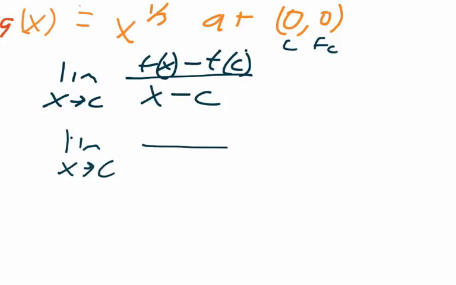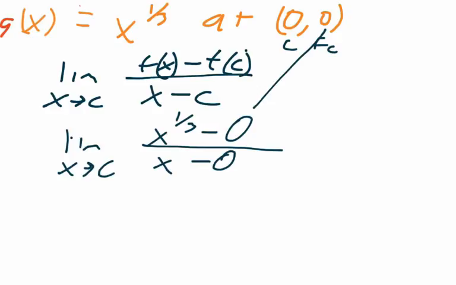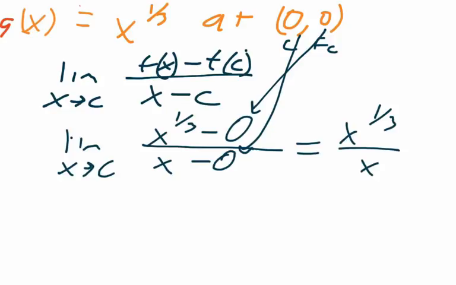So the limit as x approaches c of f of x, well, that's going to be x to the 1/3 minus 0 over x minus 0, because the f of c is on top and the c is on the bottom. So subtracting 0 doesn't change anything, and when I divide monomials, I subtract the exponents.